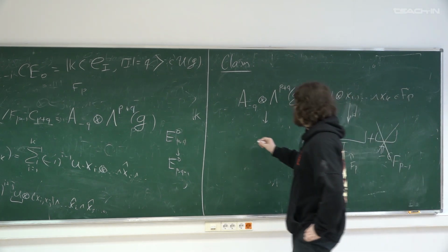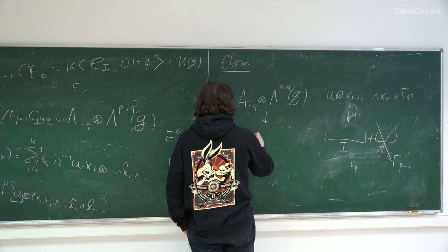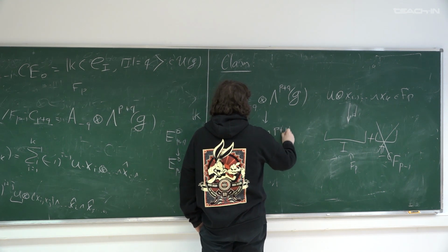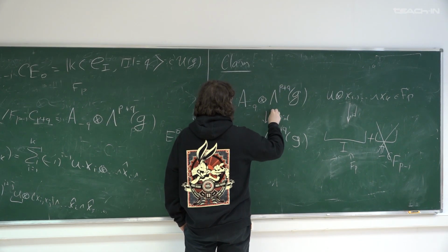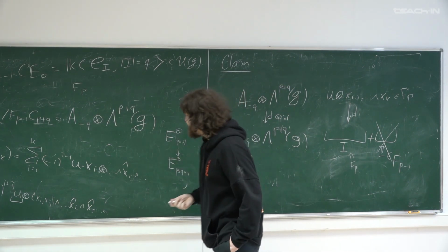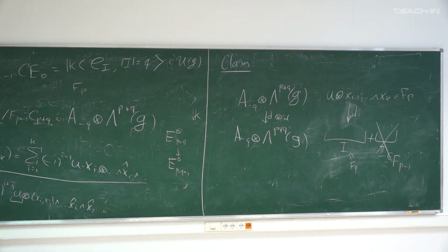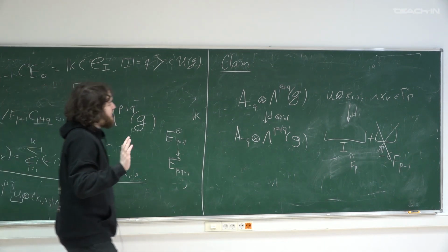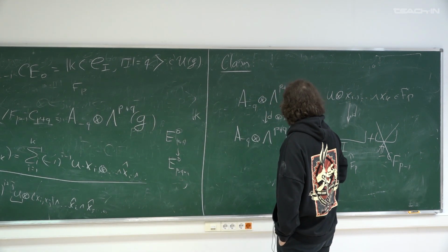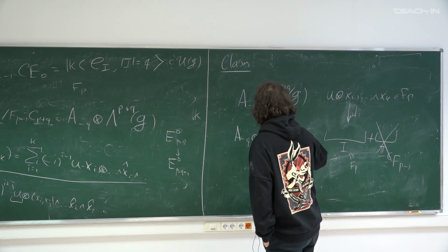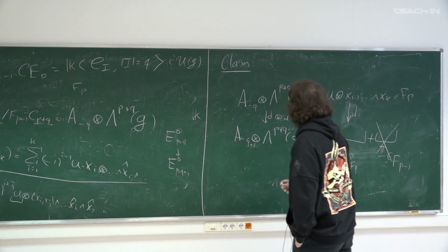So on my quotient, I just obtain the first part of the differential, and this first part is, by definition, the Koszul resolution. In what sense?